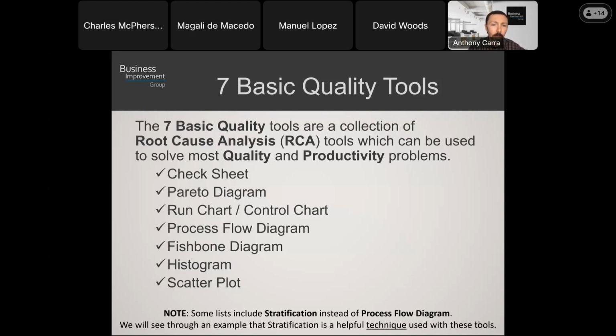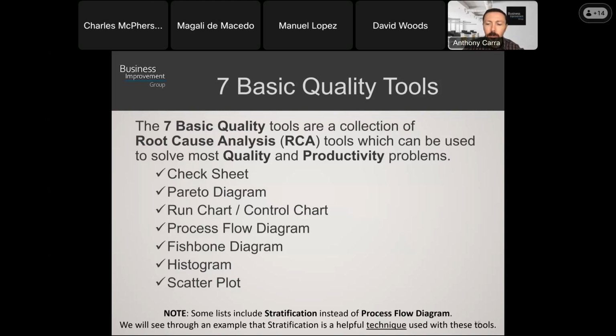Process flow diagrams, the fishbone diagram, histograms, and scatter plots. Scatter plots are awesome because that's the one where you have two variables, and if you have measurable data, you can demonstrate the strength of a cause and effect relationship.